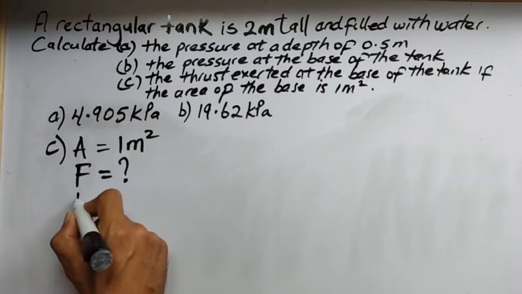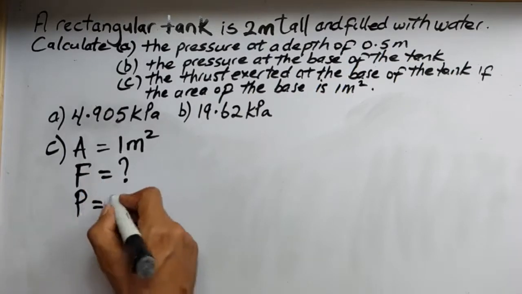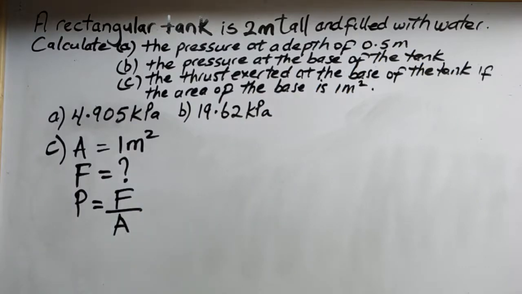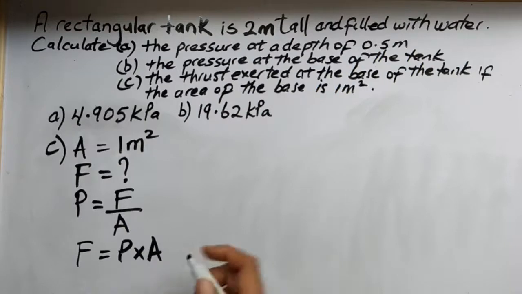We know that pressure is related to force and area by this equation. Pressure is equal to force on area. So we could transpose this equation for force, and if we do so, we'll get the force is equal to the pressure multiplied by the area. So we could go ahead and substitute.